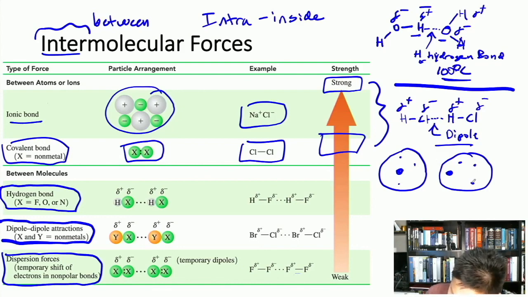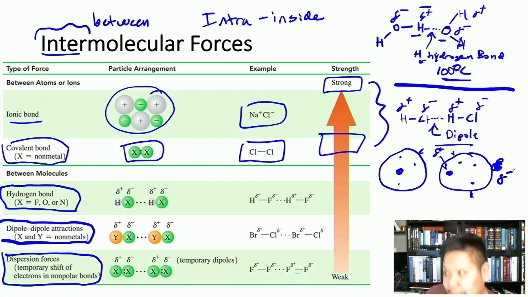So what's happening is that we get a partial charge in these molecules, because the electrons from the first one are dispersing the electrons from the second one, exposing this nucleus right here, giving that nucleus a partial positive charge. And then giving this side a partial negative charge.